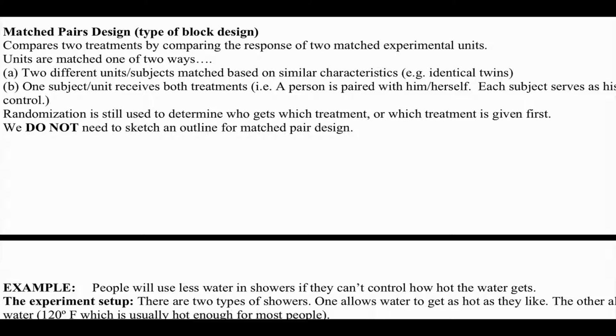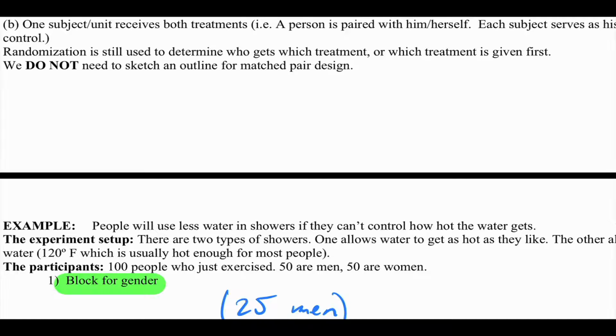The setup was people who just exercised. So if I just exercised, they tell me one day I'm going to go to one shower. The next day, you go to the other shower. So randomization is still needed, but you're only comparing your data with yourself or your pair, whoever is paired with you.